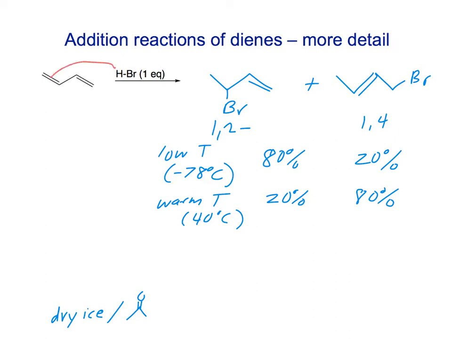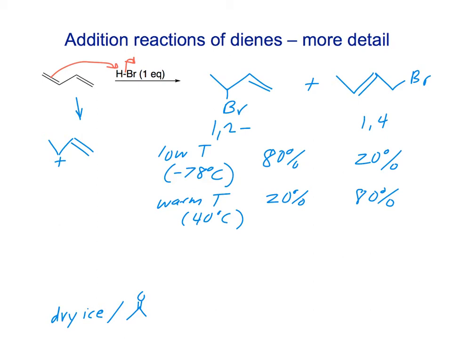So I'm going to draw it like this. We protonate like that. That leads us to a carbocation like this. It's secondary and it's also allylic. Let's draw out its resonance contributor as well.